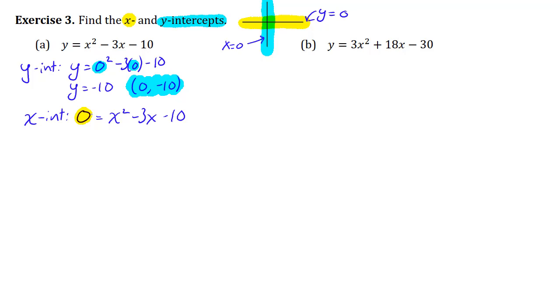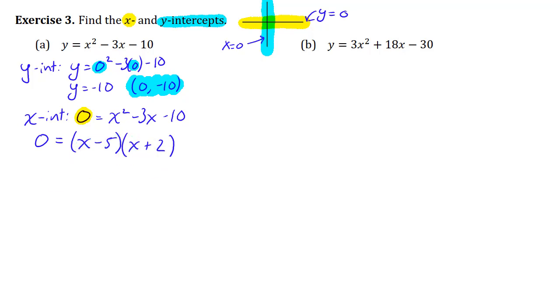There. Okay, so anyways, I'm just going to do it by factoring because I believe this is factorable. Even though a lot of things are not factorable, this one you can factor into x minus 5 times x plus 2. Hopefully that's the same thing you got by doing the quadratic formula.